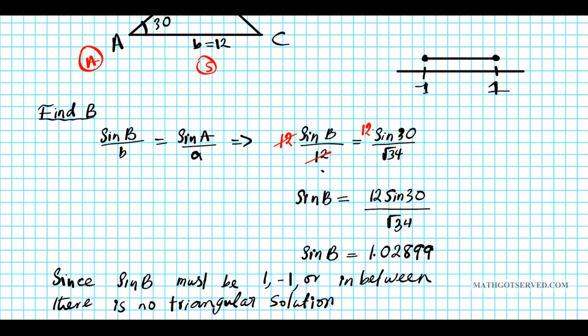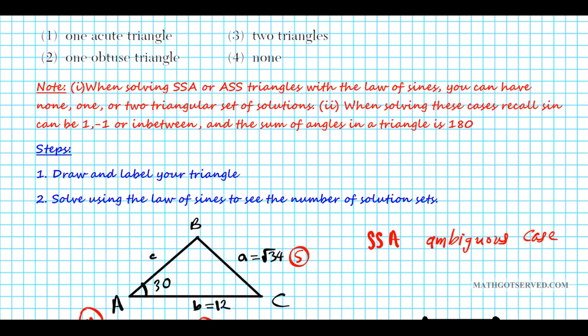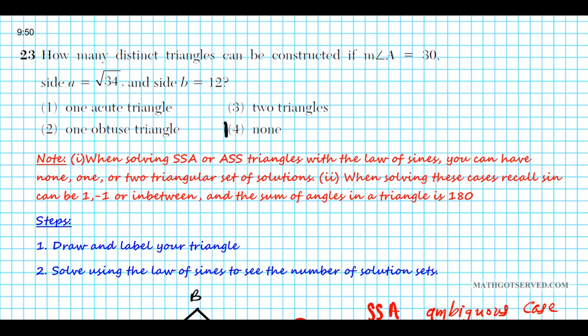The conditions were violated really early in this problem. So if you go to the options we have, our answer is option number 4. There is no triangle you can draw with these given measures.